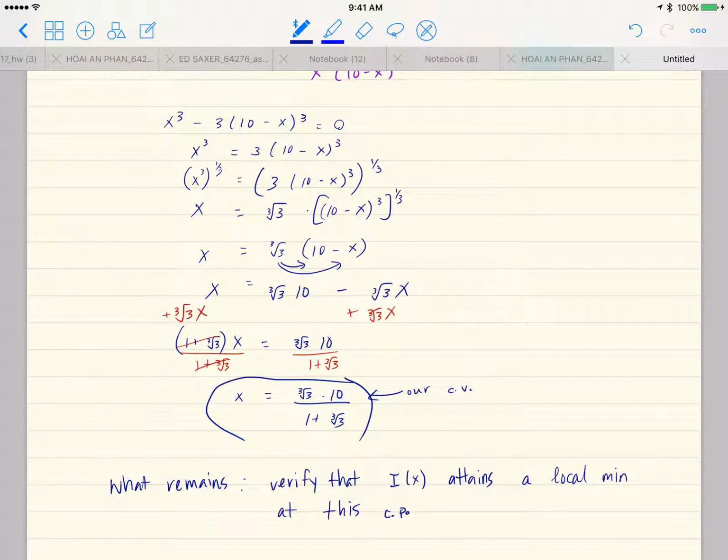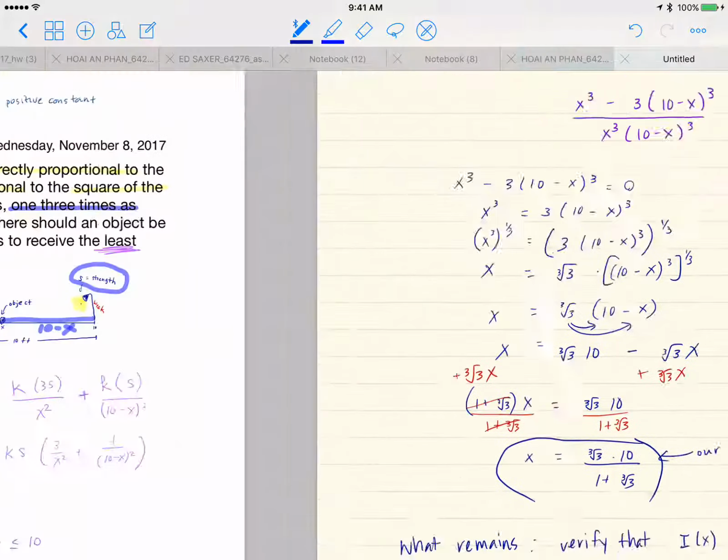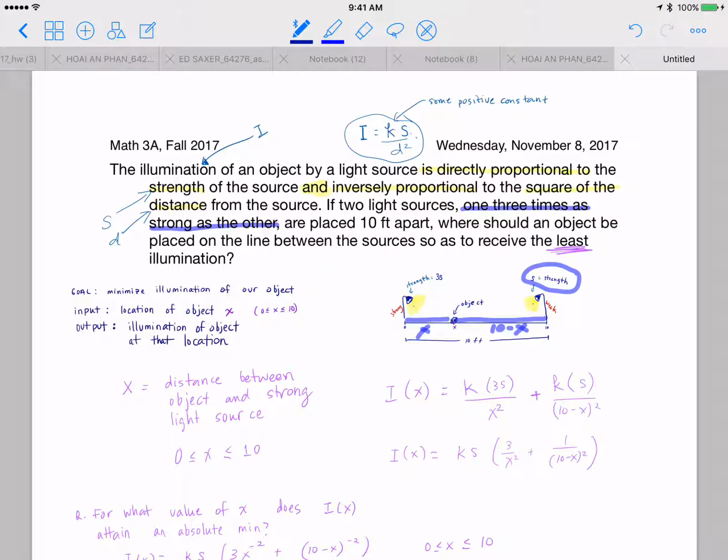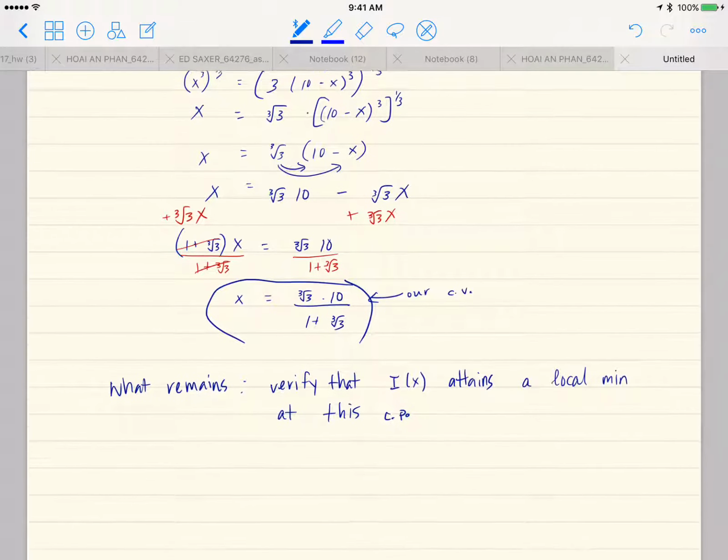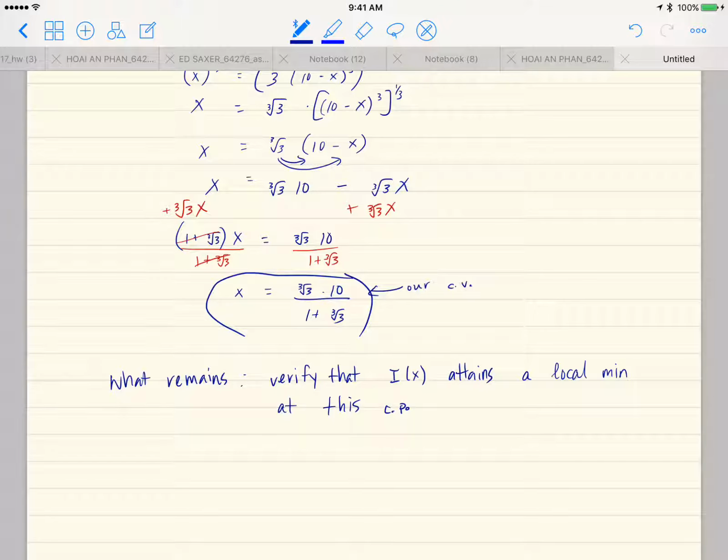Okay, and so for this problem, I think the main focus is the setup, right? So figuring out your equations, interpreting the wording of the problem, figuring out your domain. So I'm going to actually stop right here and just let this be our solution.